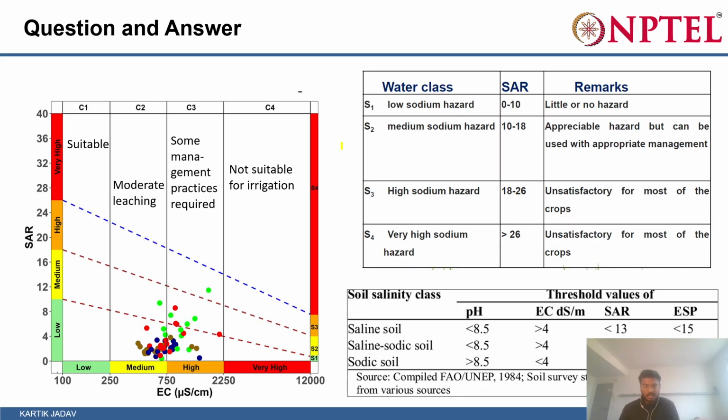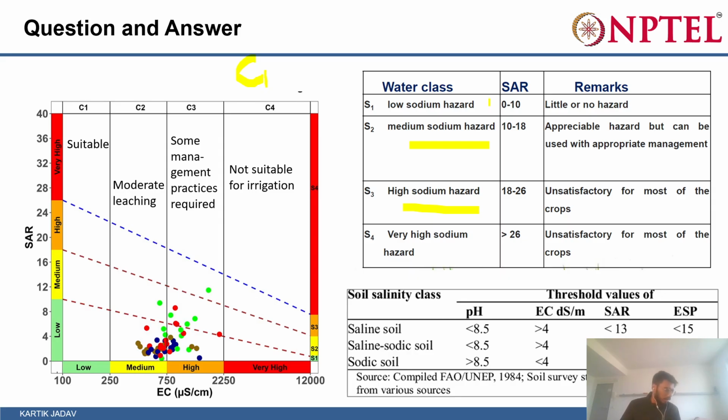Yeah, this is again the type of sodium adsorption ratio classes. These are the important aspects. To classify sodium adsorption ratio, like C1, C2, C3, C4, we have S1, S2, S3, S4. S1 is low sodium hazard, then medium sodium hazard, S3 is a high sodium hazard, and S4 is very high. So low, medium, high, and very high.